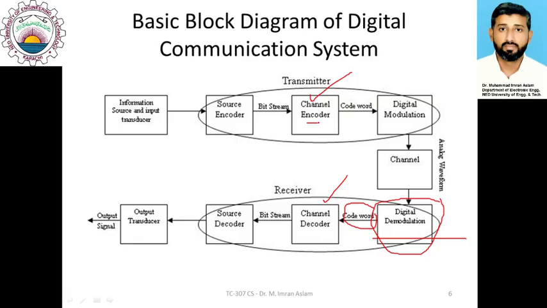If an error is detected and the decoder is capable of correcting that error, it corrects it. But if the decoder is not able to correct that error, it will request the transmitter to resend the signal, so that the transmission is successfully achieved.